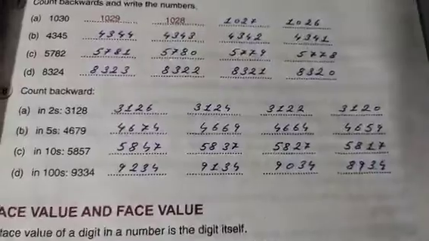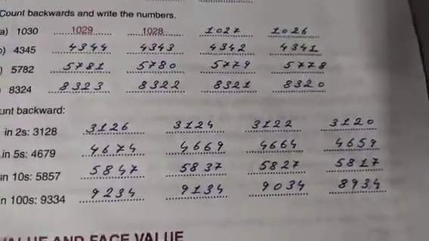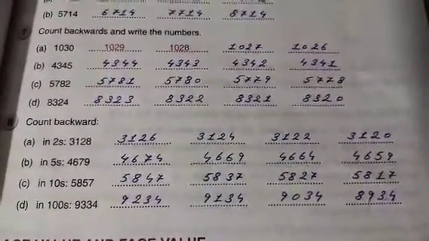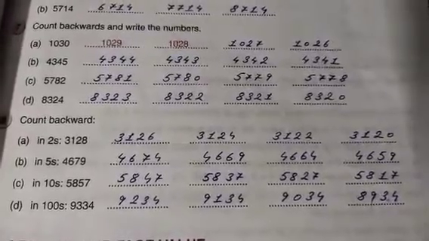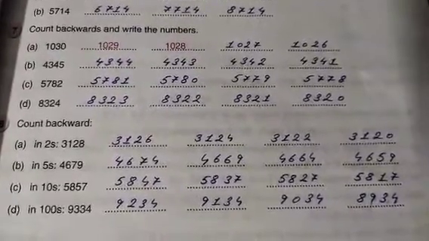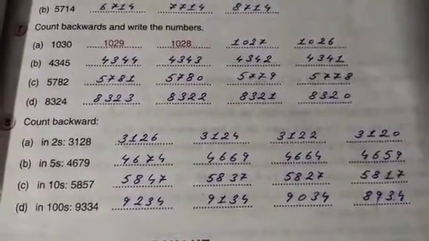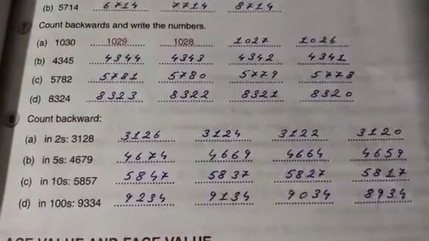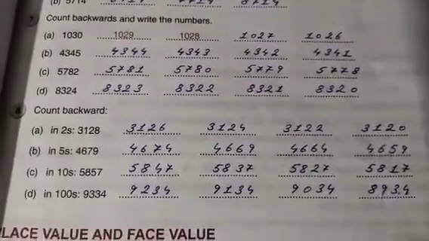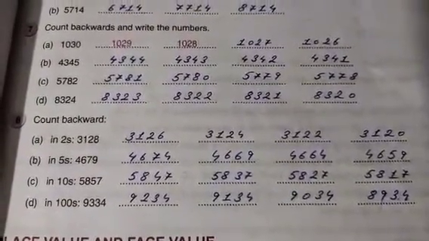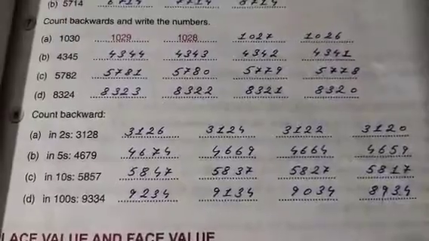Now, children, I'll advise you to add and subtract in the beginning if you are not sure about your counting. If you are quite sure about your counting, then you go for counting. I don't have any problem. But if you are not sure about your counting, please add and subtract and then write the answer.